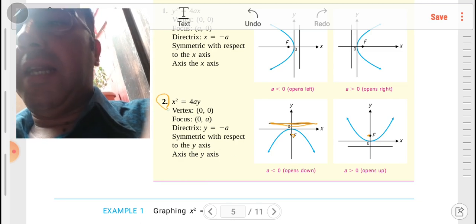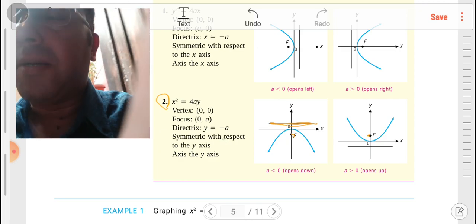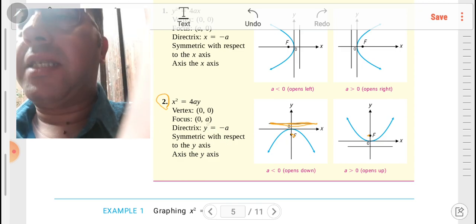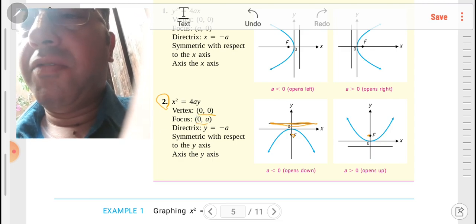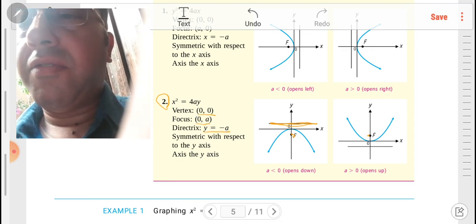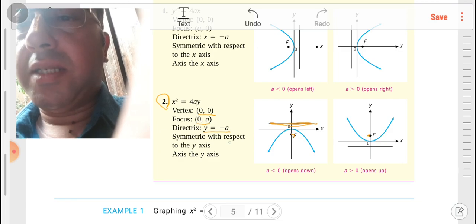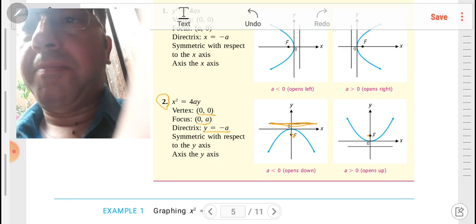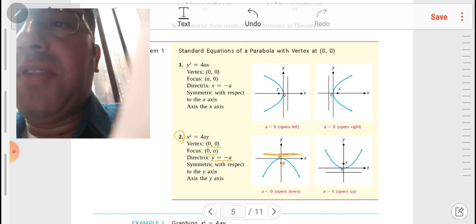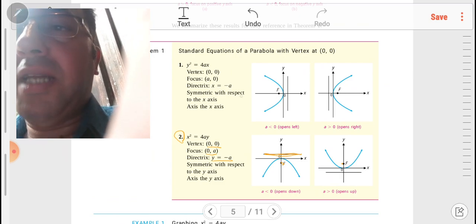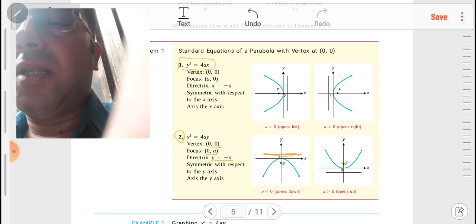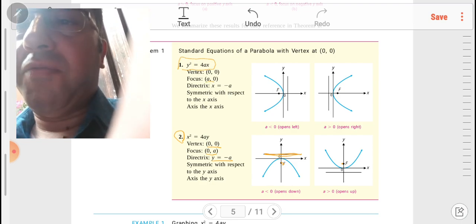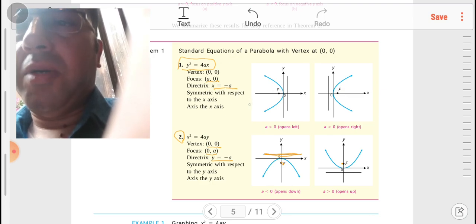So the vertical parabola is x squared equals 4ay. It has its vertex at the origin, focus (0, a), directrix y equals negative a. But if the parabola is horizontal, its standard equation becomes y squared equals 4ax, the focus (a, 0), the directrix x equals negative a.